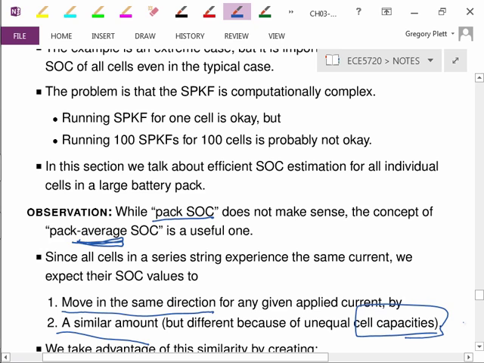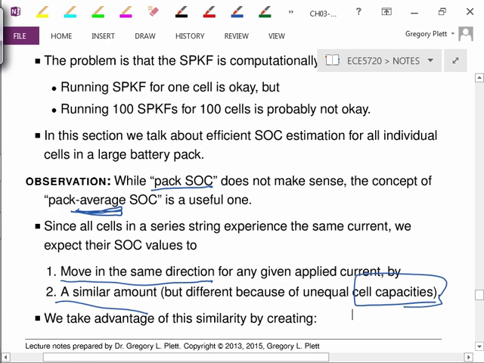So even if I start with a battery pack that's completely out of balance, if I charge or discharge for some period of time, all of the cells are going to have their states of charge move in the same direction by about the same amount, but they'll still be different. The window of states of charge will remain relatively the same in the battery pack.